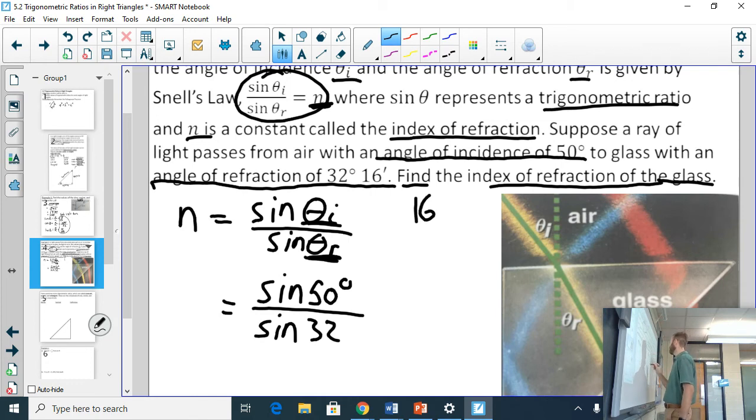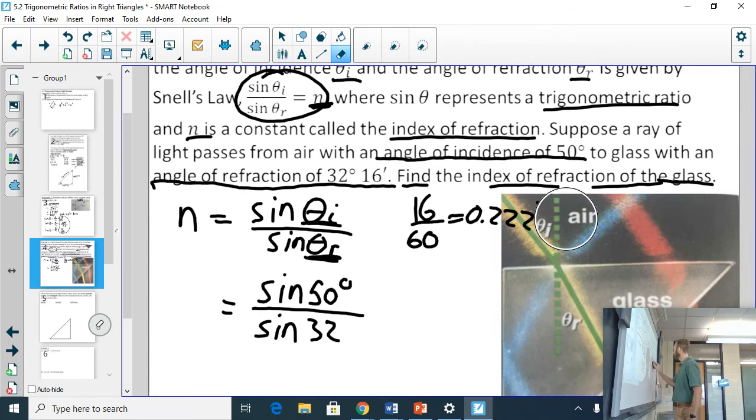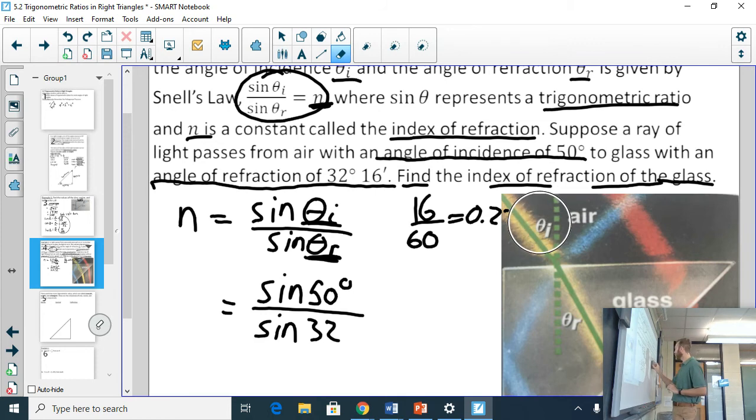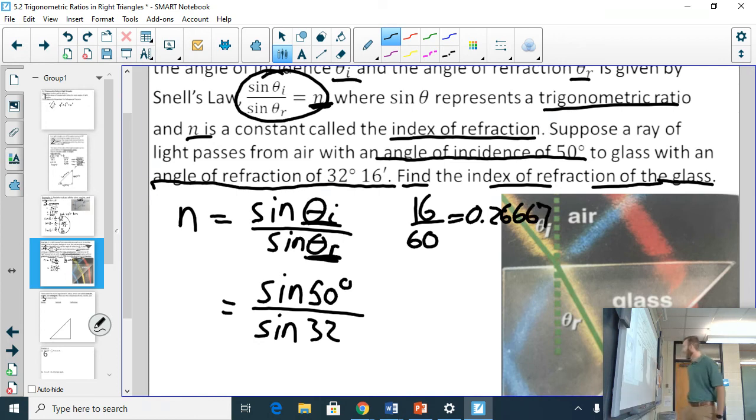I'm probably going to want that in degrees, so we should do 16 times 1/60th, or just divided by 60, and that'll get us 0.26667.